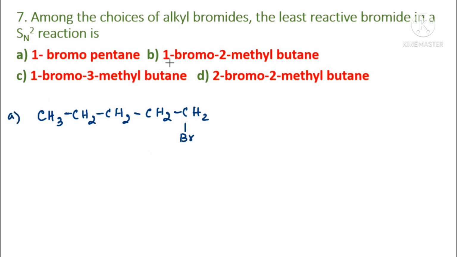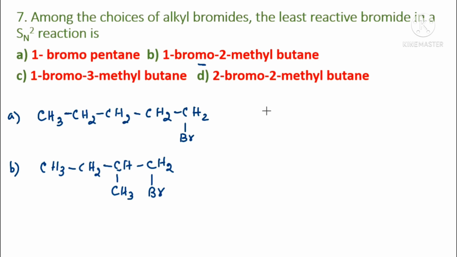So this is A. Next we are going to write compound 2, so CH3, CH2, CH2, CH, CH2, here we have Br, and in the second position we are having a methyl group. Okay, understood.